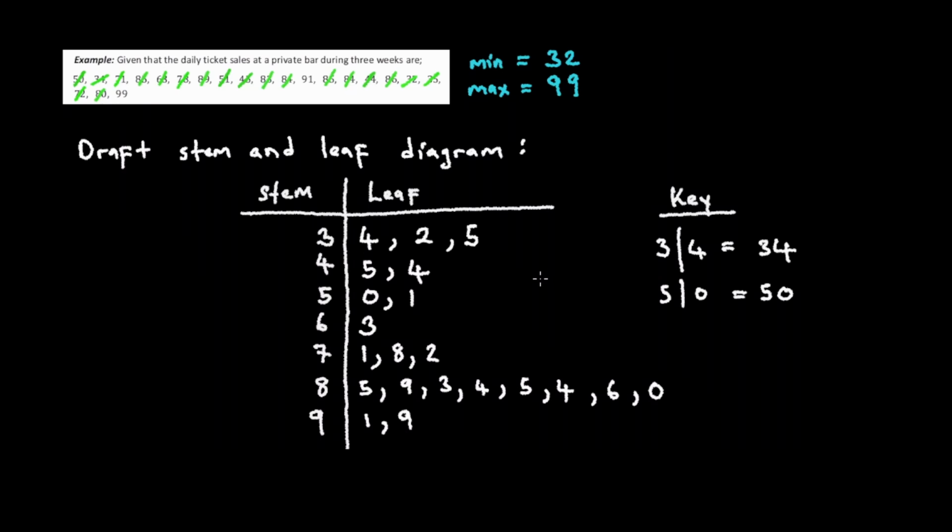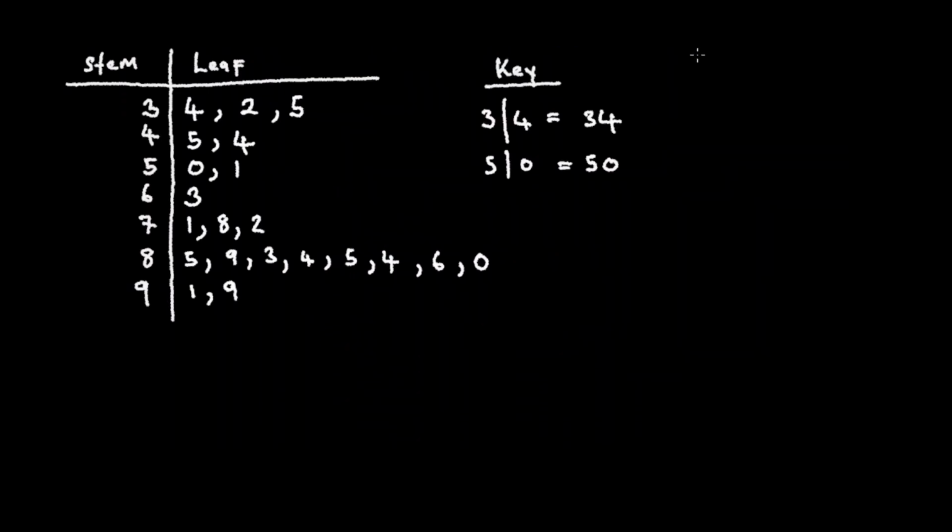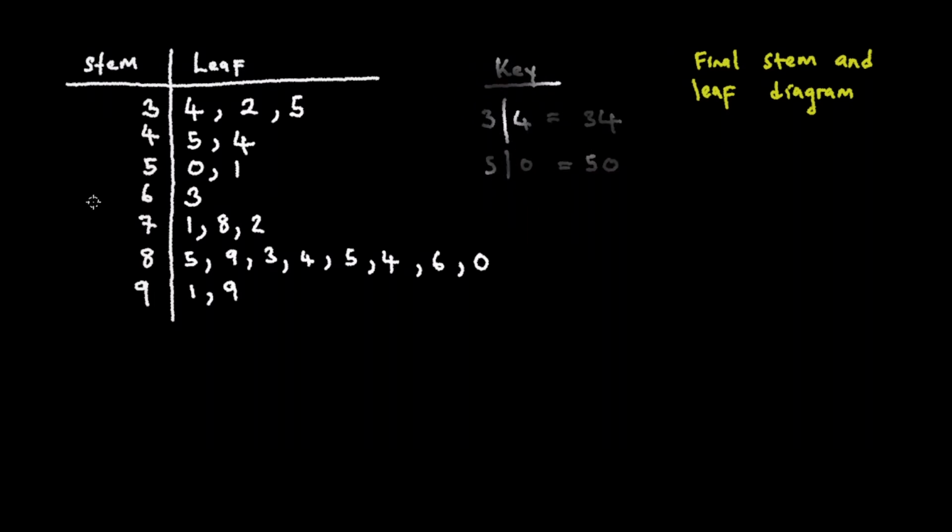Kana makuda kunyora your final stem and leaf diagram, toda kunyora panapa our final stem and leaf diagram. Allow me kubvisa key inoi yakakosha but ndikuitira my space tichainyora futi.